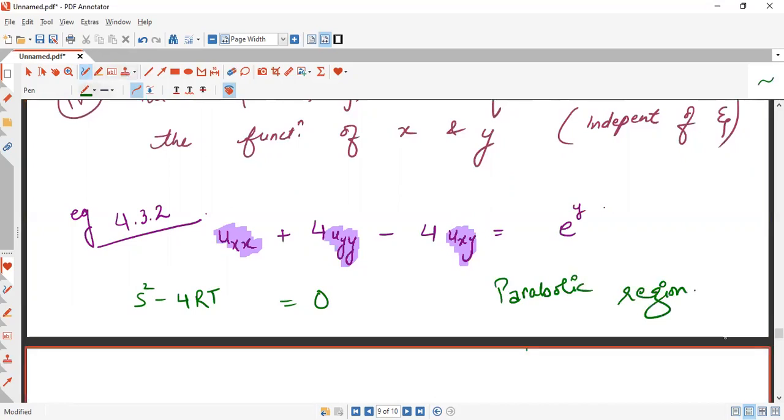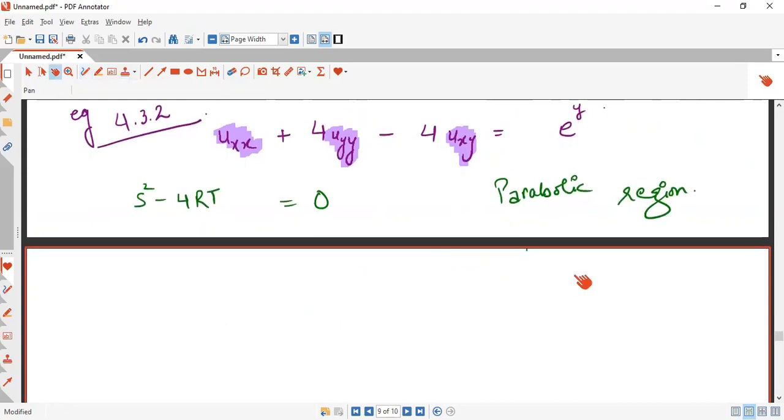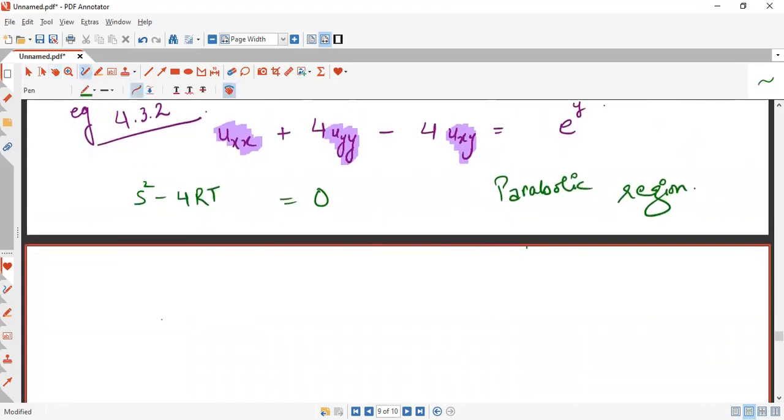Next step, you'll find out the quadratic form of this equation, which is what? 1 lambda square plus, here was u_xy, be careful with that.